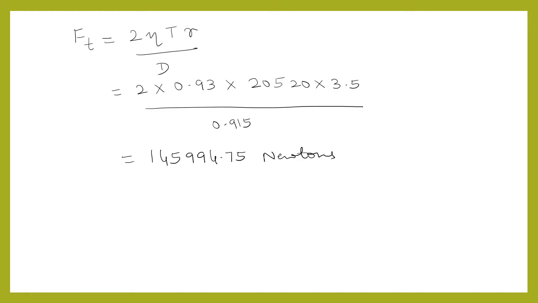So substituting the value of Ft in the equation of Ft for the propulsion of train, we get 145,994.75 is equal to 62,032.74 alpha plus 17,100.72.